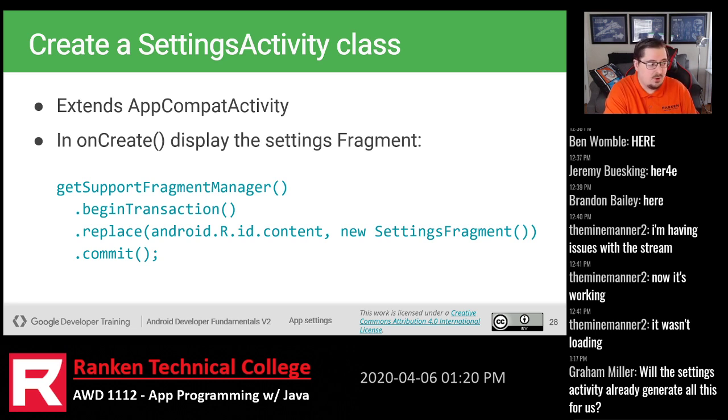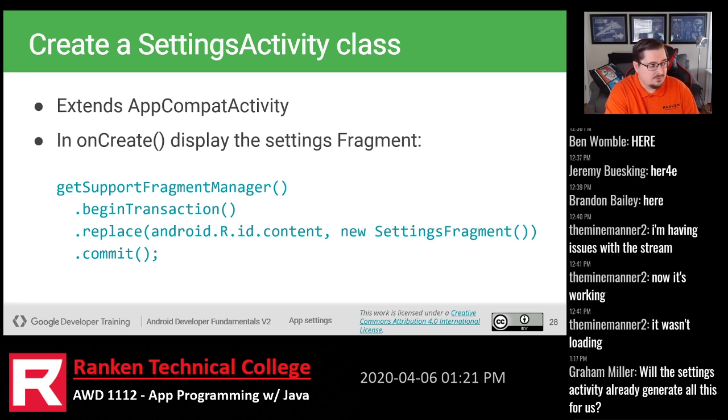So this ID content isn't something I have defined in my app. It's something that's defined in the system itself. So every activity always has this R.id.content. It's always the root. And typically we replace it with whatever's in our layout by calling setContentView. setContentView actually replaces this ID kind of behind the scenes.